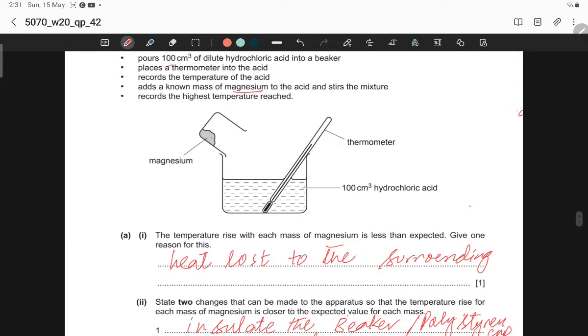Or it can be insulated like this: place cotton wool to insulate the cup. Cotton wool.